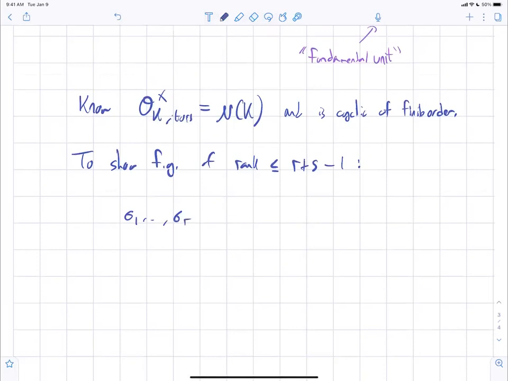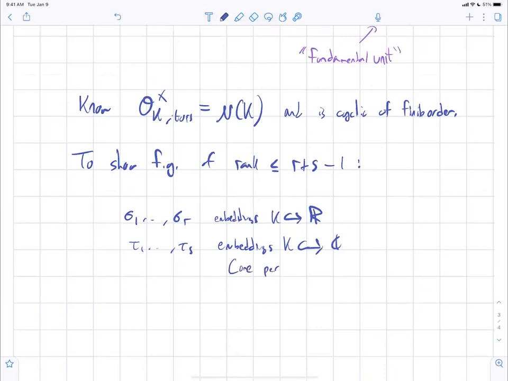These are going to be the embeddings of K into R, so these are the real embeddings. And tau 1 to tau s are the embeddings from K into C, but we only take one per equivalence class, with complex conjugation.